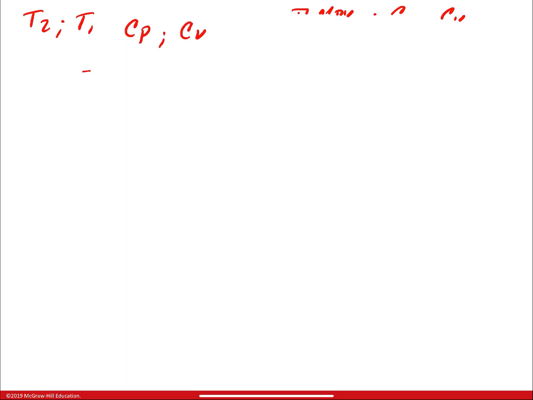There is a table in the back of the book that gives you all the CP and CV with the temperatures in order to find those values. So basically you need to find a T average, which will be equal to T1 plus T2 divided by 2. This will give you a T average or a temperature average.